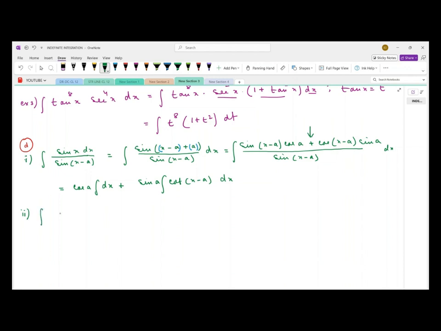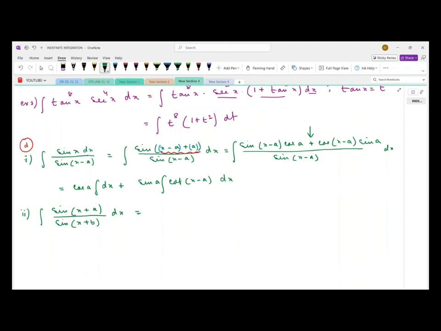Now suppose you have sin x plus a, instead of sin x, and you have sin x plus b. So what is the manipulation here? See, for the previous sum, the most important step is this manipulation. That helps you to get to the end.